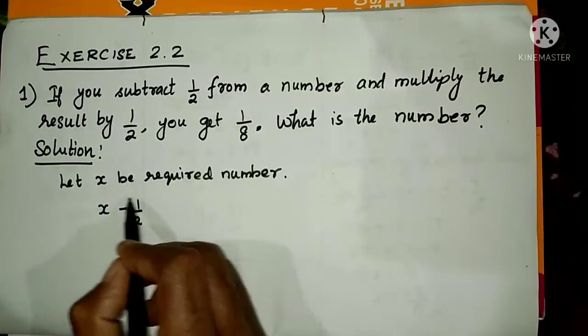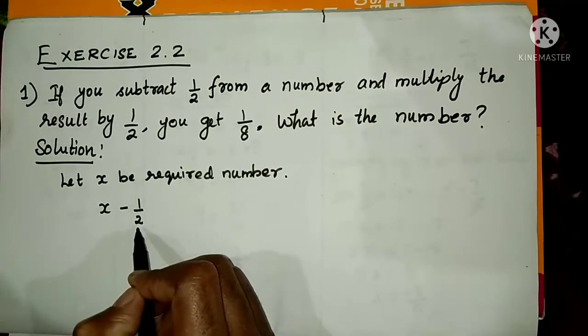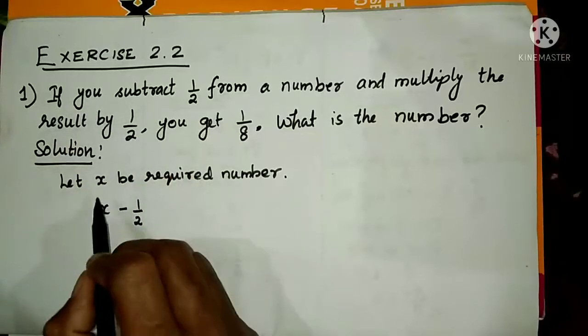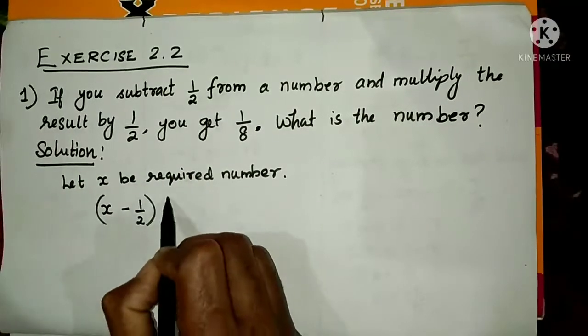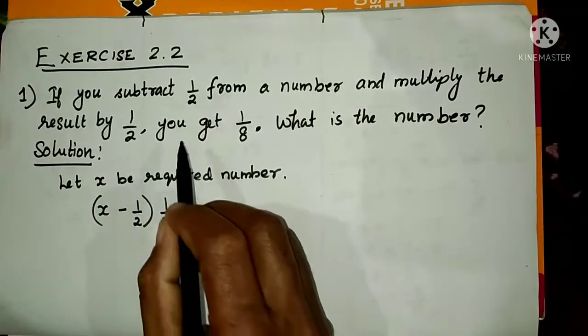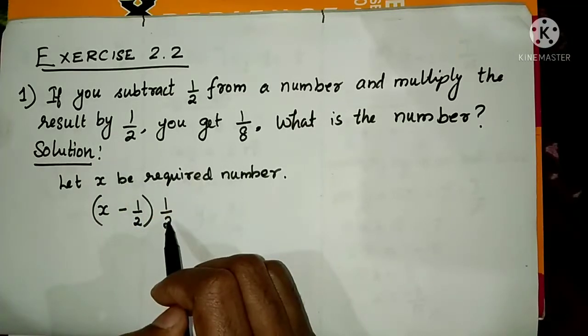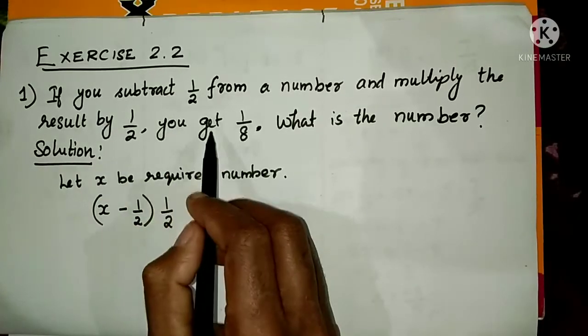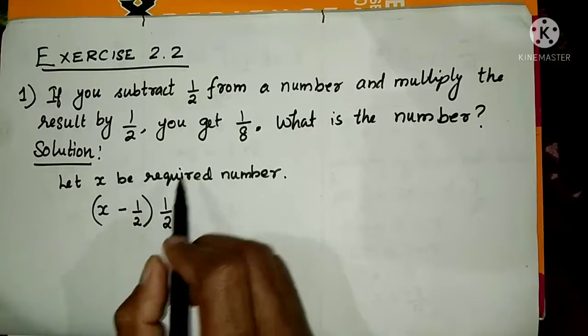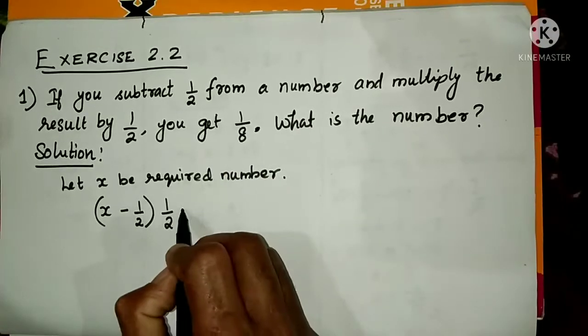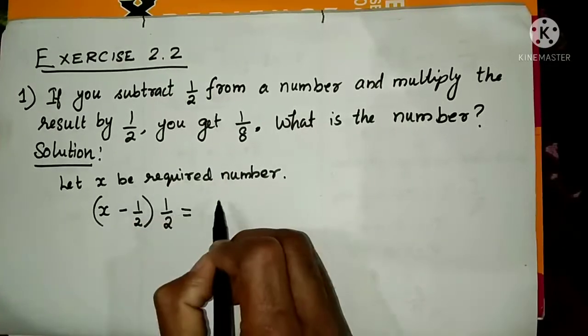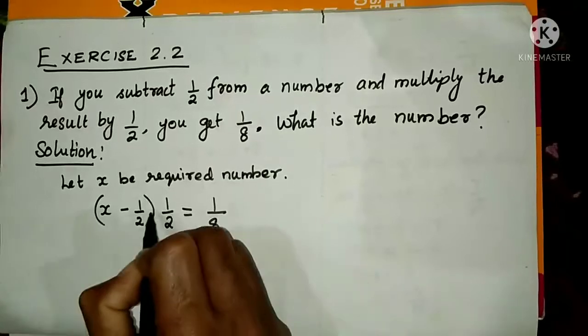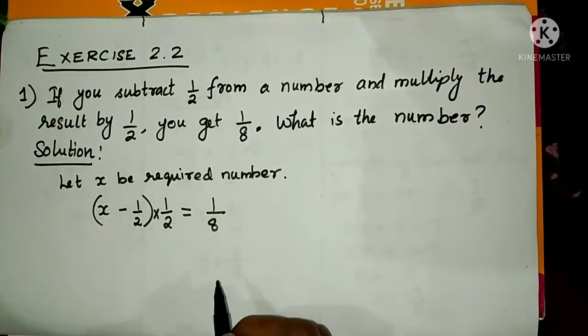So this is the result of subtraction. This result we should multiply by 1 by 2. So if you multiply that, the answer is 1 upon 8. So here we can write the multiplication sign.